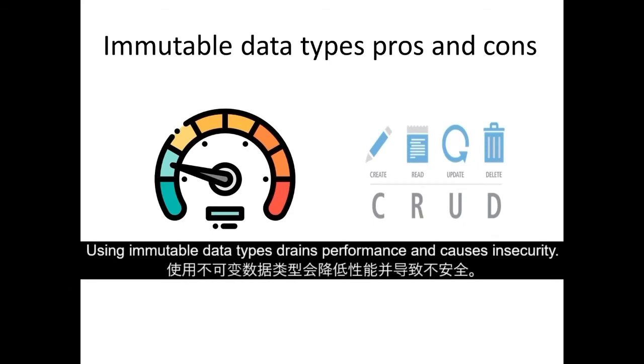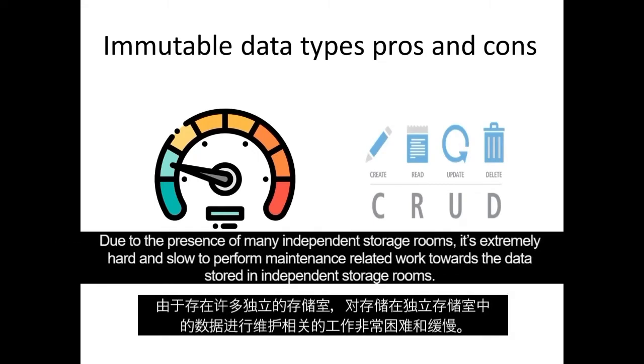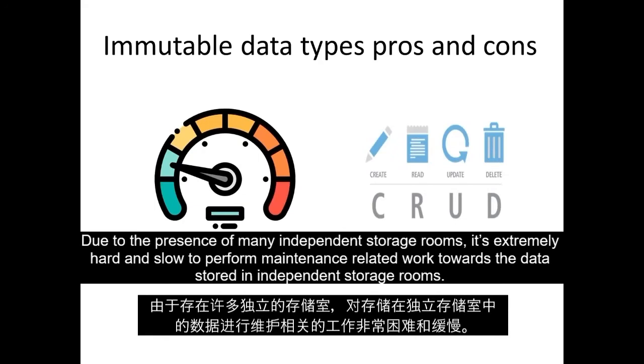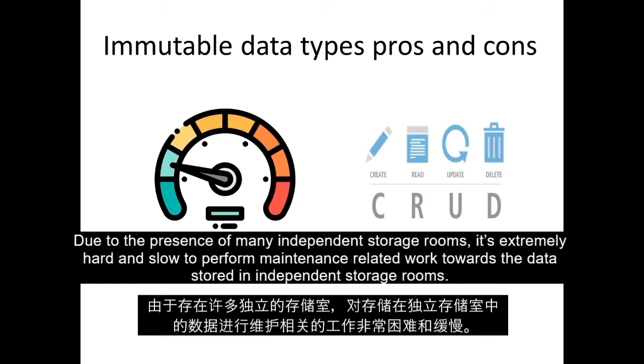Using immutable data types drains performance and causes insecurity. Due to the presence of many independent storage rooms, it is extremely hard and slow to perform maintenance-related work towards the data stored in independent storage rooms.